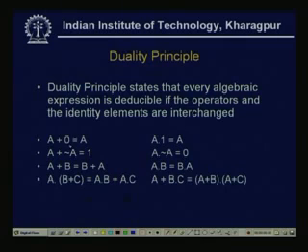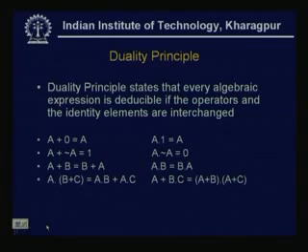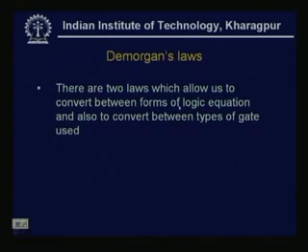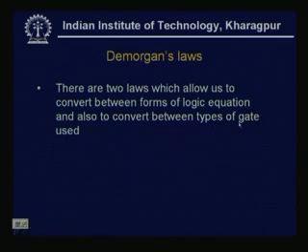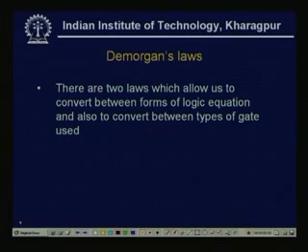The first is to convert between forms of logic equation and also to convert between types of gate used. That means, the plus is replaced by dot means nothing but the conversion between two types of gate, AND and OR.